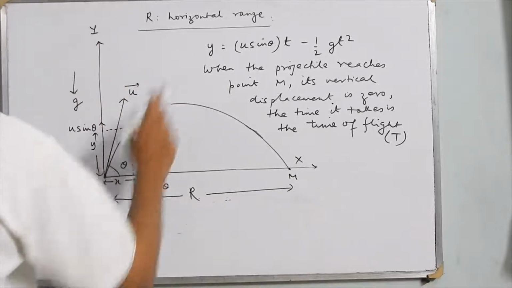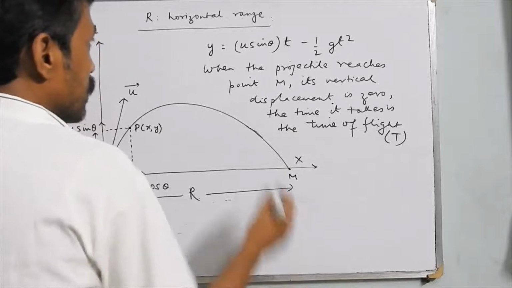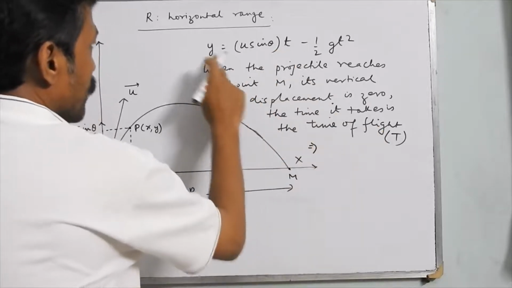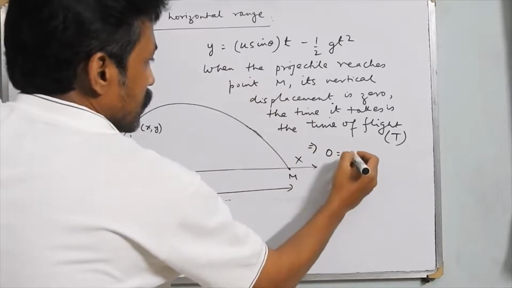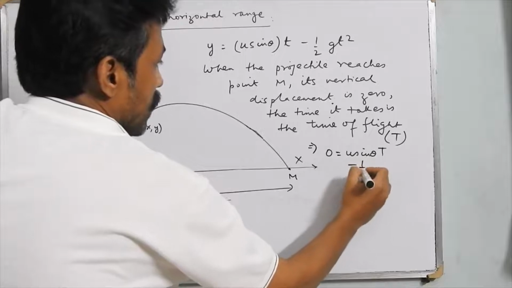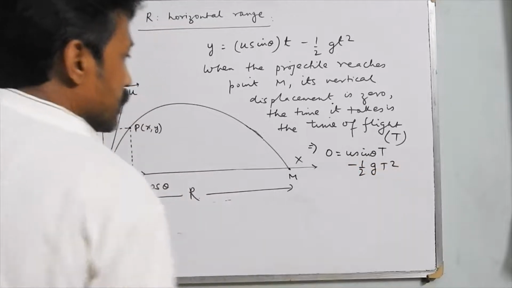So what we get is 0 equal to u sin theta into capital T minus half g capital T square.